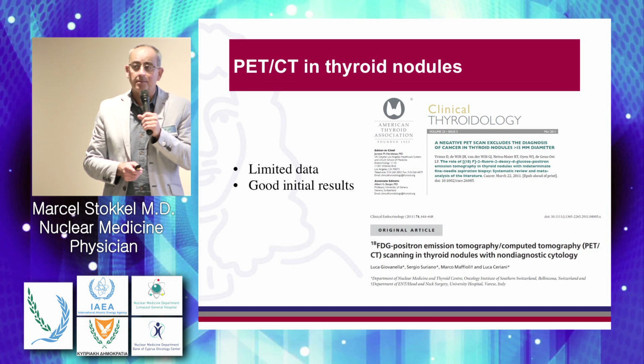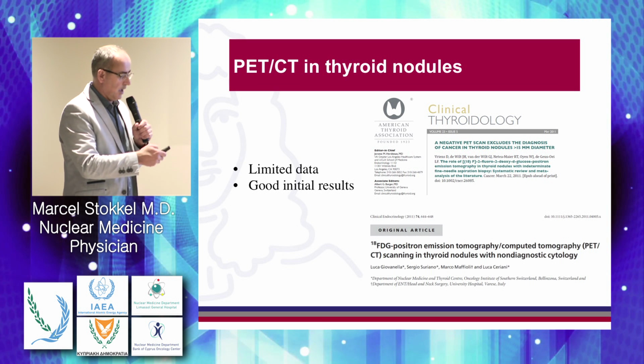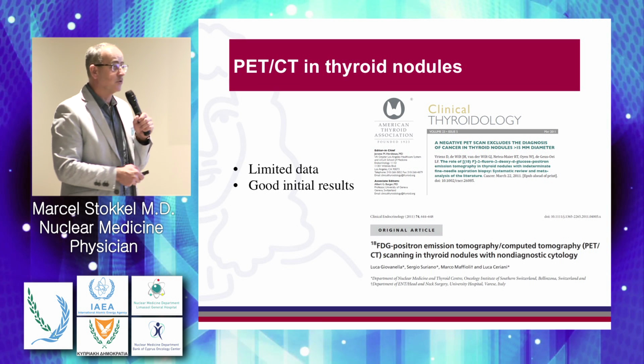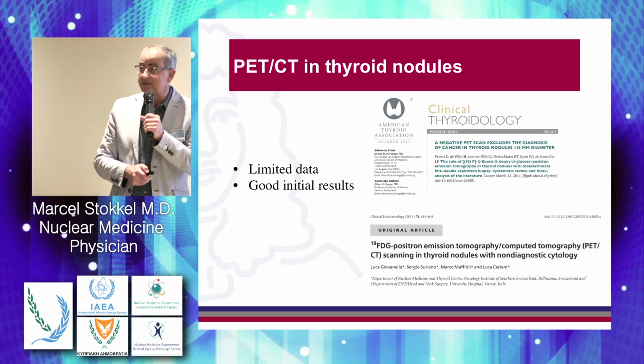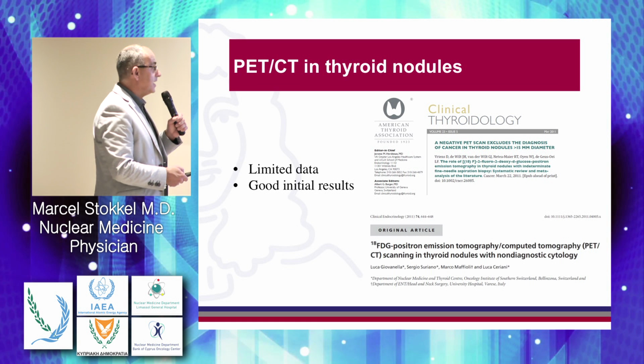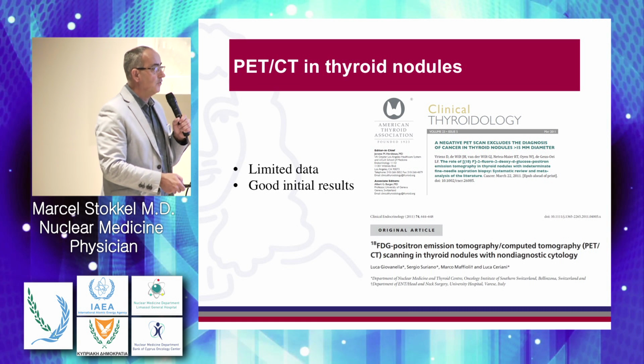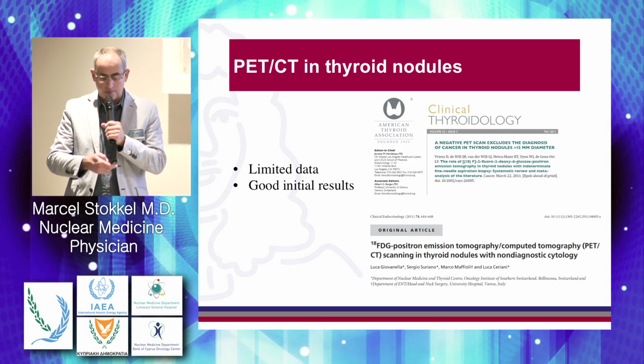So not much data is available on this topic. However, it's good to realize that the initial results presented in the literature are very good. You see here there are some nice papers on the role of FDG PET in thyroid nodules with a non-diagnostic cytology.